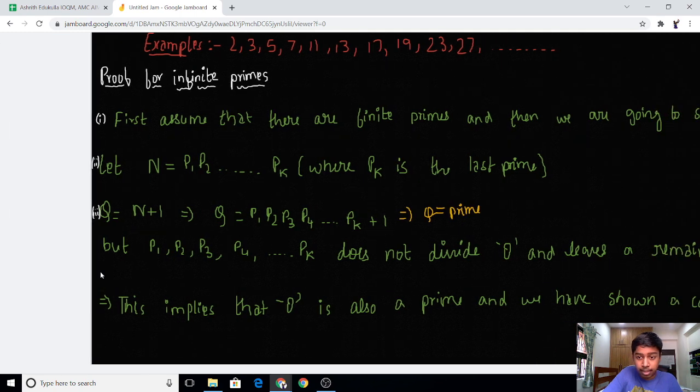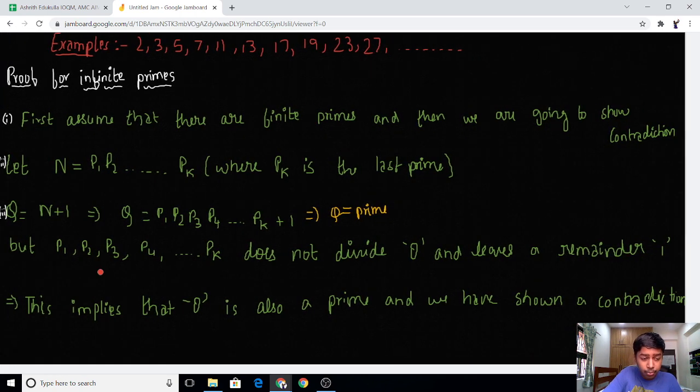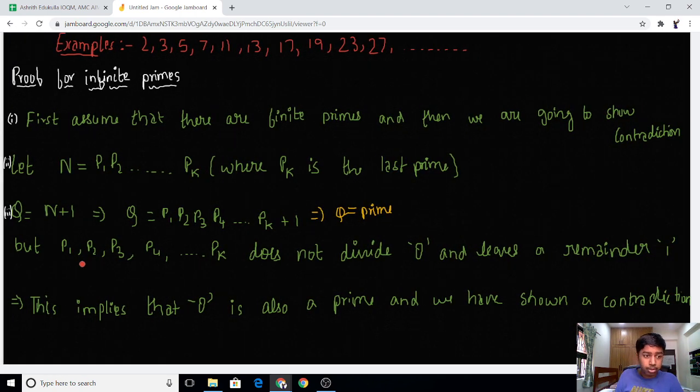I hope you guys understood what I'm saying. Now p1, p2, p3, p4 up to pk do not divide q. That means it always leaves a remainder 1, because p1, p2, p3 up to pk always divide this term but not this term. So this implies that q is also prime, and we have shown a contradiction.